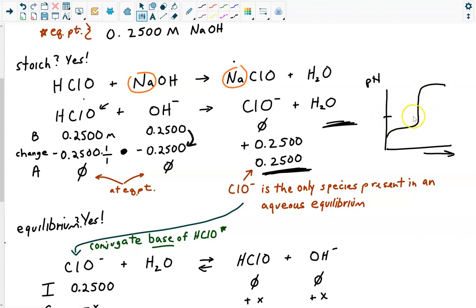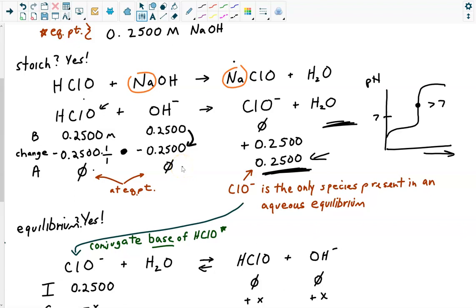Remember how we said that at the equivalence point, when you have a weak acid versus strong base, the pH at the equivalence point ends up being greater than 7 because you have conjugate base present, and there's no HClO and no OH minus present at that point because they've neutralized one another.